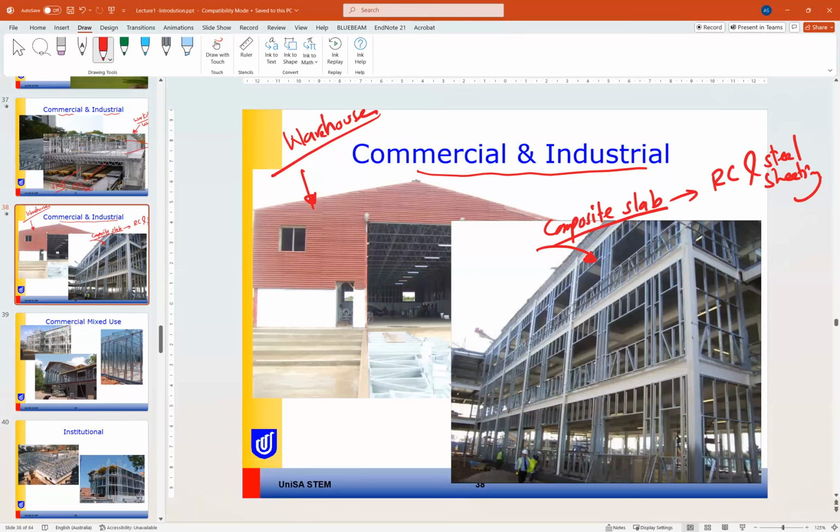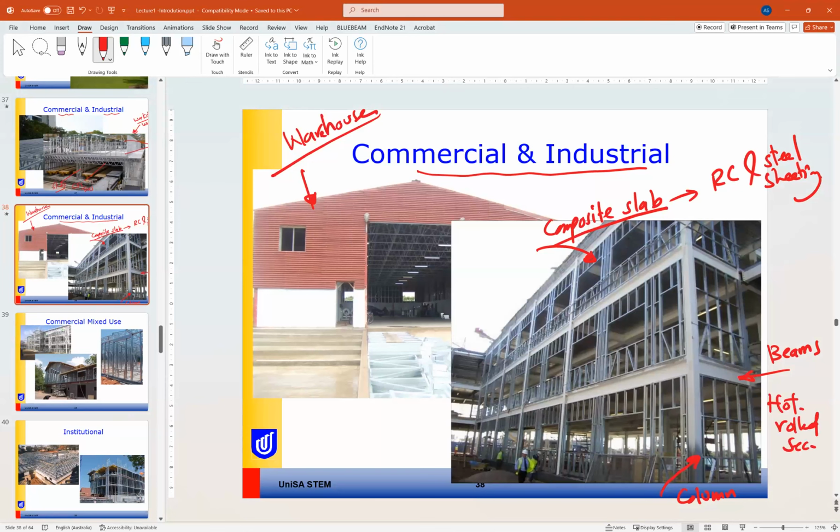Another note is, what are the columns and beams? Are they hot rolled or cold formed? Yeah. So for the main structure elements like columns and beams, they are from hot rolled sections.